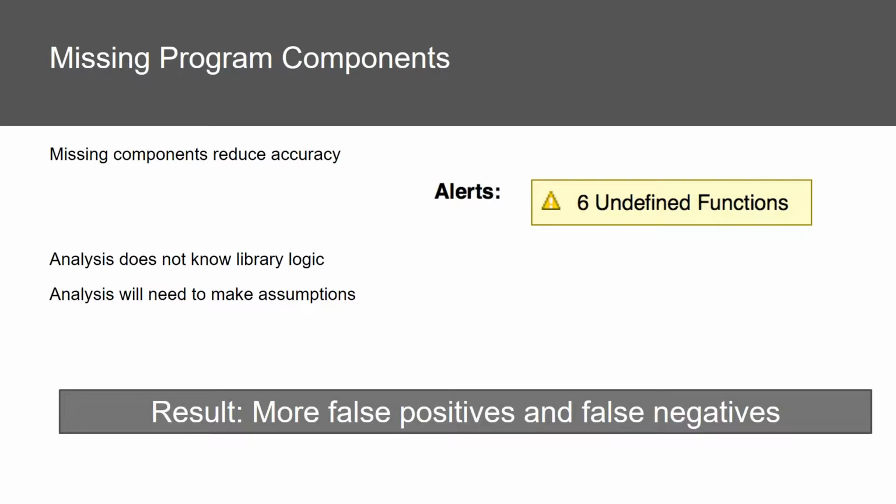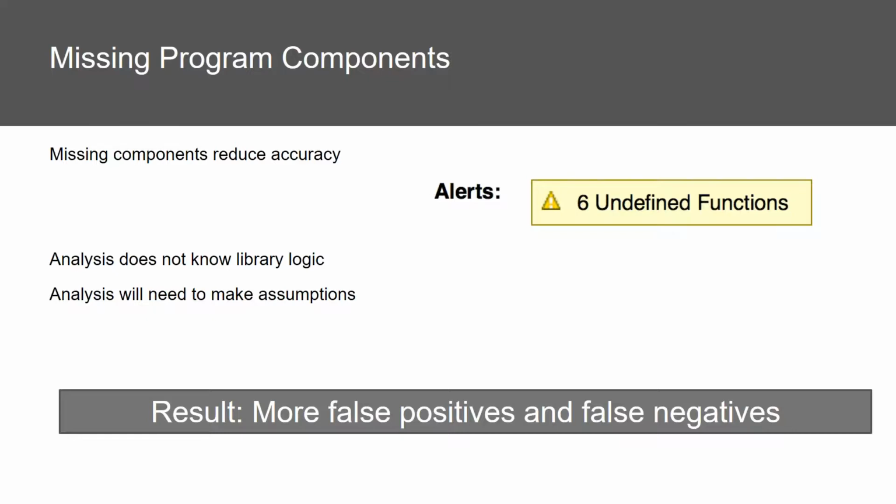So the next part of this webinar is to talk a little bit about libraries. What happens if you have components that you don't have the source code for? That could be an object file from a vendor, or for some reason you don't have the object code.